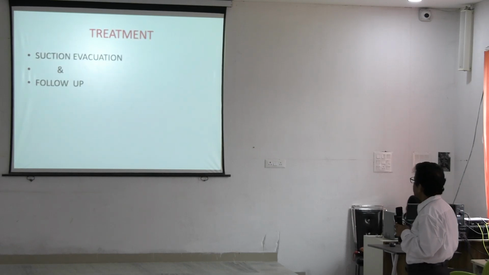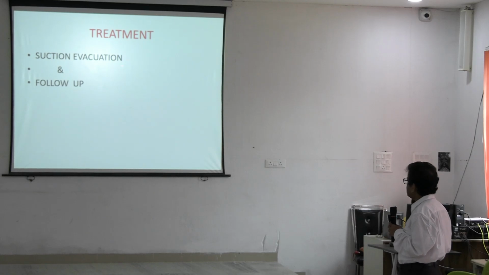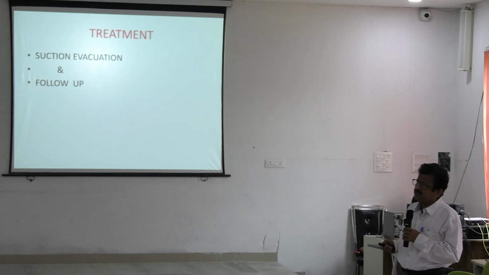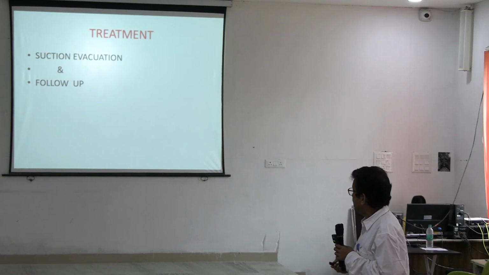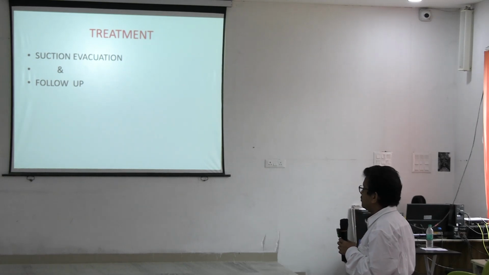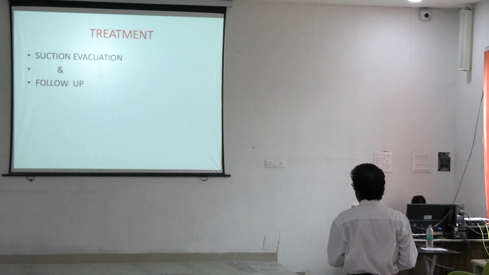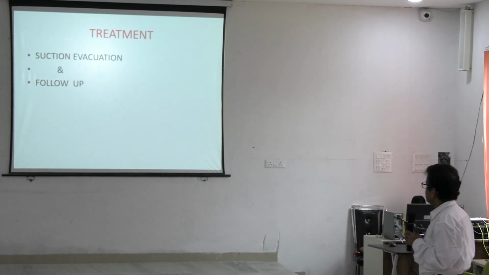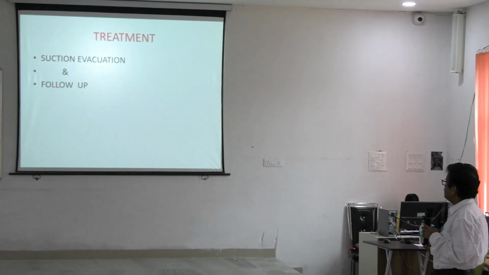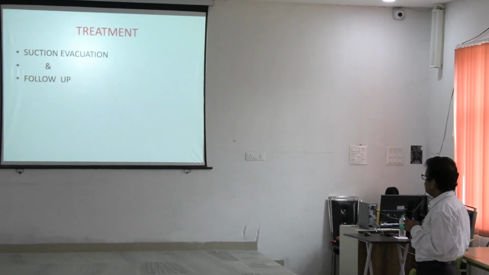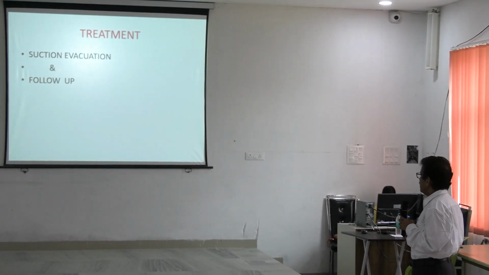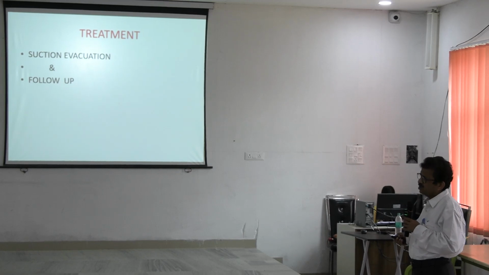So what is the treatment? Definitely, molar tissue, though benign, has malignant potential, and because it is presenting with bleeding and pain, you have to evacuate the uterus. That is done by suction evacuation, followed by follow-up and monitoring of whether the beta hCG is falling or not.